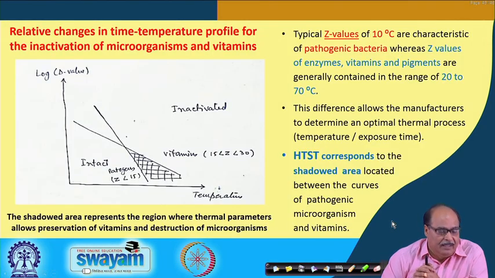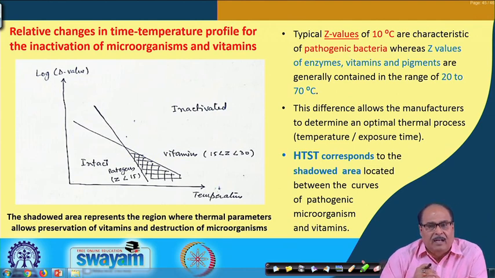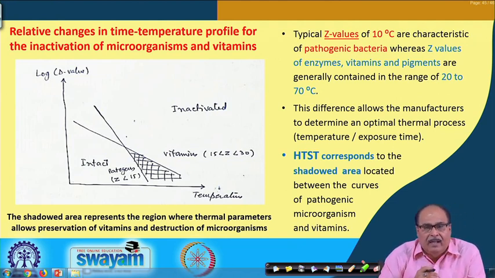Here we see a relative change in the time temperature profile for inactivation of microorganisms and the destruction of vitamins in a food. We see in this figure, as I told you earlier also, that Z value and D value for these components differ or vary.